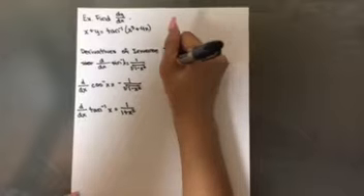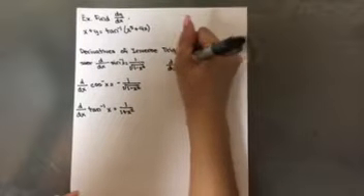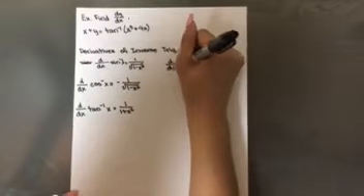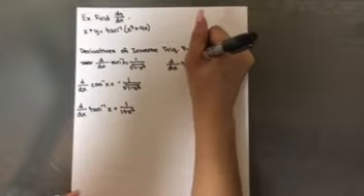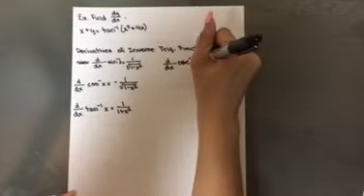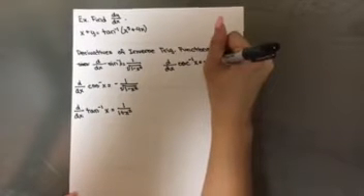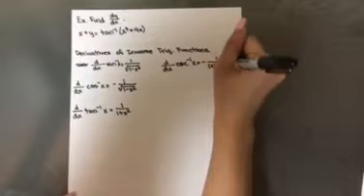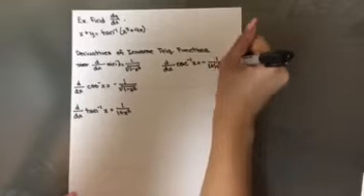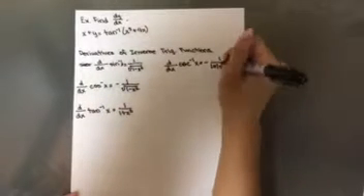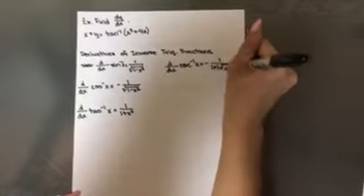And the derivative of arccosecant of x is going to be negative 1 over the absolute value of x times the square root of x squared minus 1.